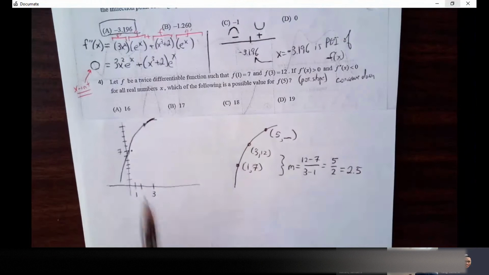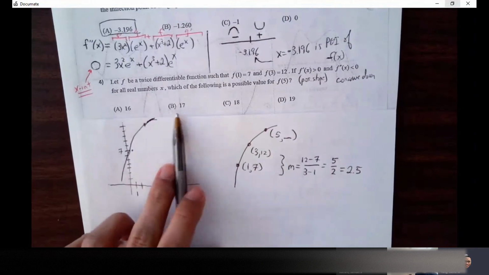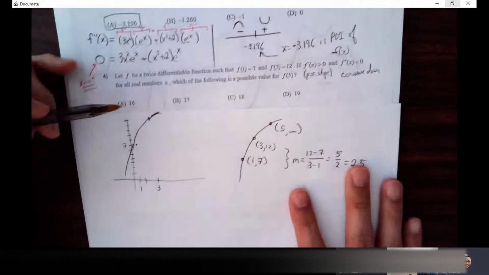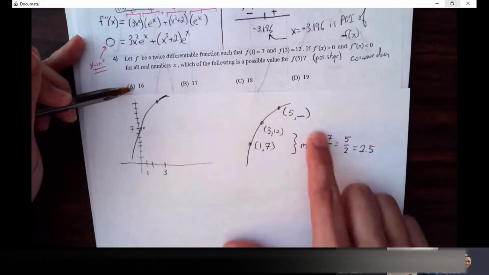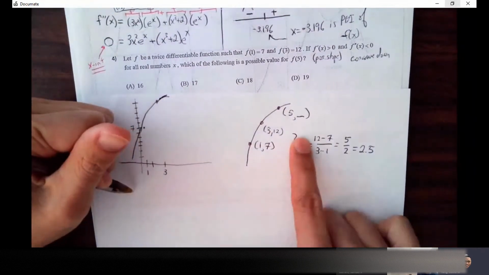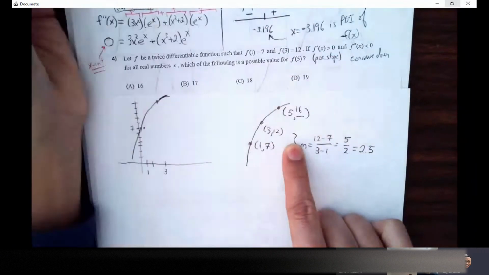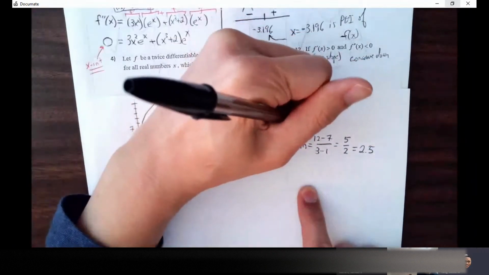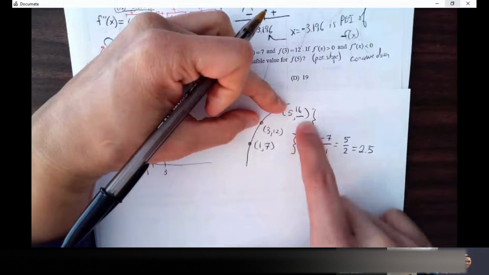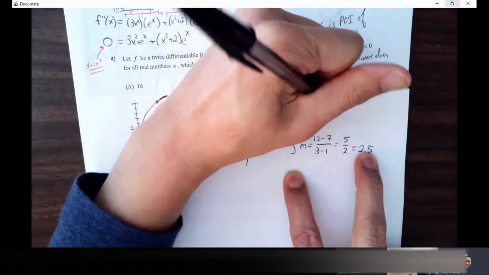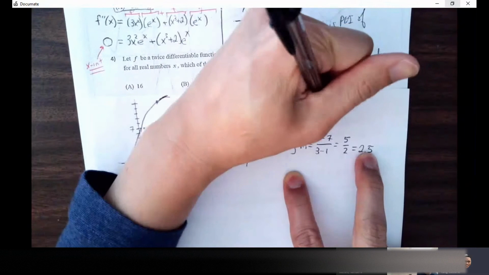So we have a couple of options. It's either going to be 16, 17, 18, or 19. So let's test a couple of points here. Let's start with 16. Let's say I want to test the order pair between 3, 12 and 5, 16. Between these two order pairs, my slope is going to be change in y over the change in x.